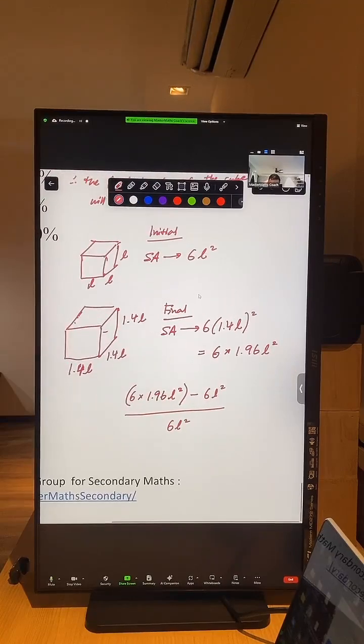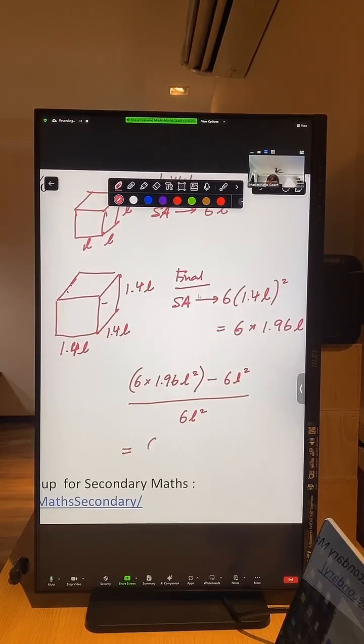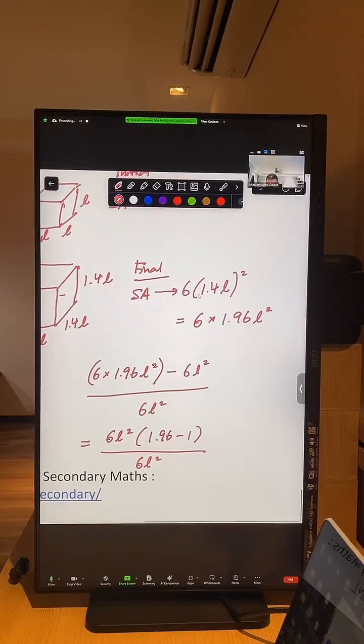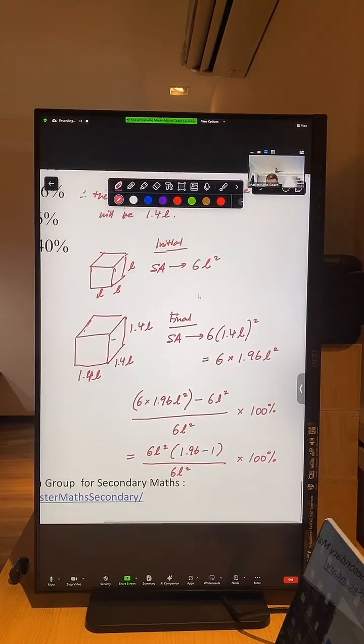If you are good in algebra, I can pull out something. What can I pull out? 6L square. When I pull out 6L square, this becomes 1.96 minus 1 over 6L square. This whole thing must times 100%. So this equals, can cancel. 1.96 minus 1 is 0.96. 0.96 times 100% will be 96%.